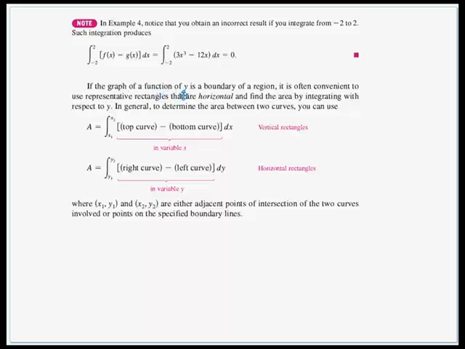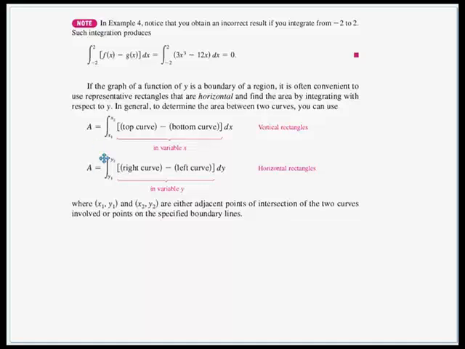If the graph of a function of y is a boundary of a region, it's often convenient to use representative rectangles that are horizontal and find the area by integrating with respect to the y-axis. In general, to determine the area between two curves, we can use the area is equal, from x1 to x2, the top curve minus the bottom curve, for vertical rectangles or variables of x.